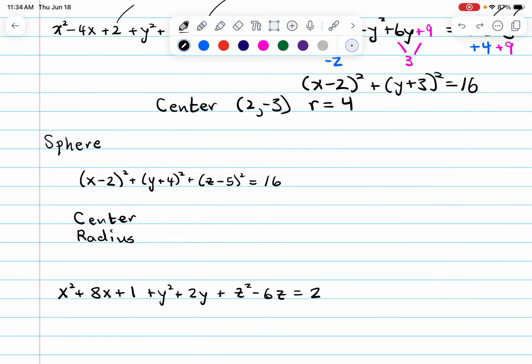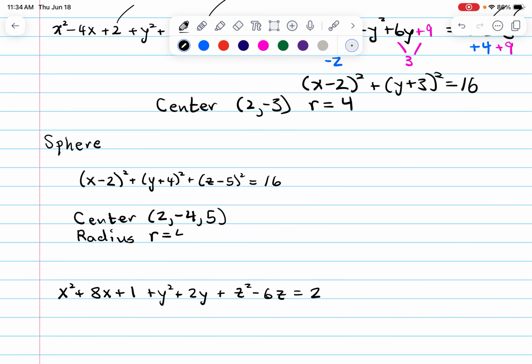Now, a sphere is all the points equal distance from a center point. But there's an x, y, and z component. So this one's going to be 2, negative 4, and 5. That's the center of this sphere. The radius, it's still going to be the square root of what's on the other side.